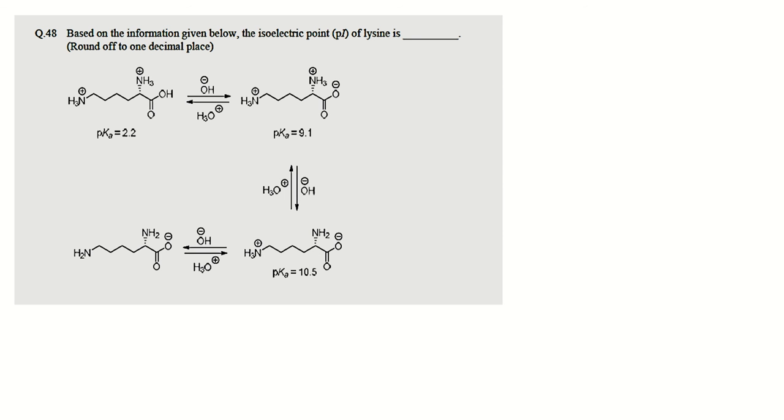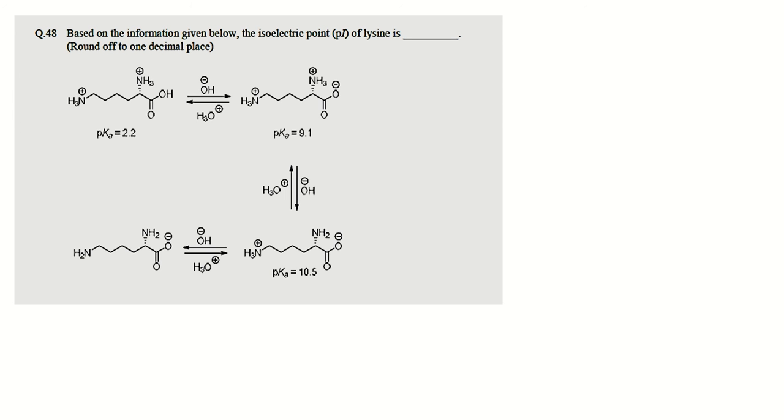Here already this question was asked: calculate the isoelectric point of lysine. You have to pay attention to one thing: you should know the nature of the amino acid, whether it is acidic, basic or neutral. Here the nature of the amino acid is basic.